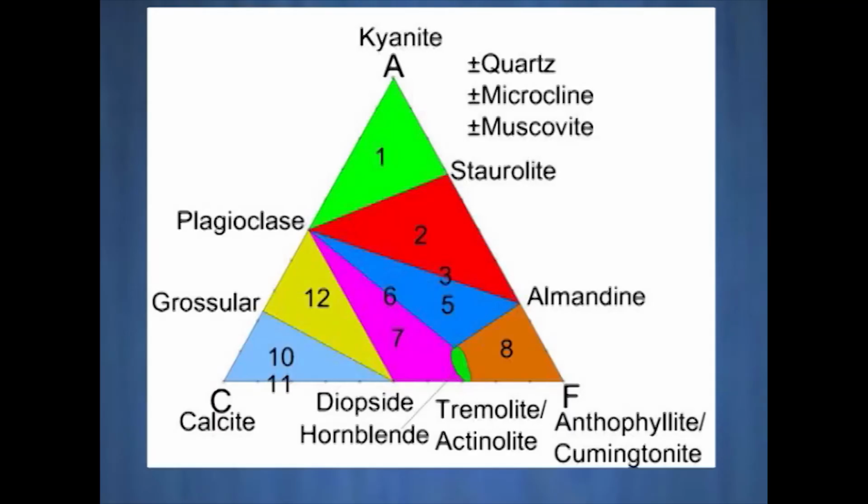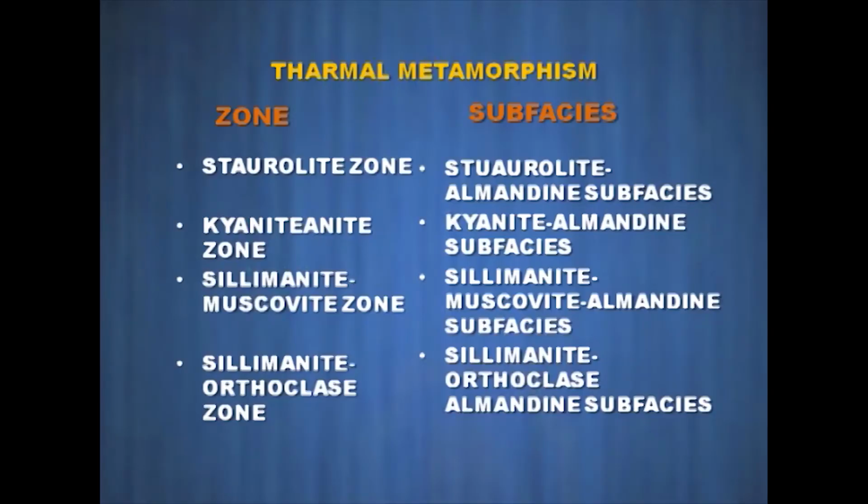The characteristic minerals are staurolite, grossular, garnet, almandine, diopside, cummingtonite, anthophyllite, sillimanite, orthoclase, etc. Disappearance of andalusite and cordierite distinguishes pelitic assemblages of the amphibolite facies from those of the hornblende hornfels facies of lower pressure thermal metamorphism. Metamorphic zones and subfacies.